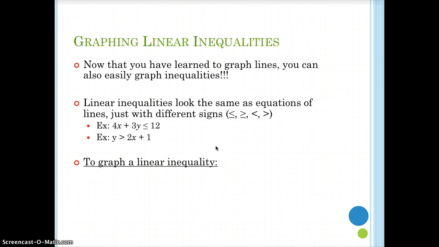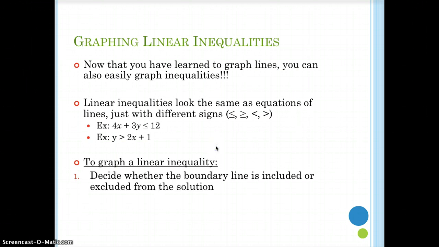All right, here are the steps that we're generally going to be following today. First thing we're going to do is decide whether or not the boundary line is included or excluded from the solution. So similar to when we were doing just regular inequalities like x is greater than 3, we first had to decide, okay, are we going to choose closed dot or open dot? And similarly, in these types of situations, we have to decide whether we're going to include the line or exclude the line.